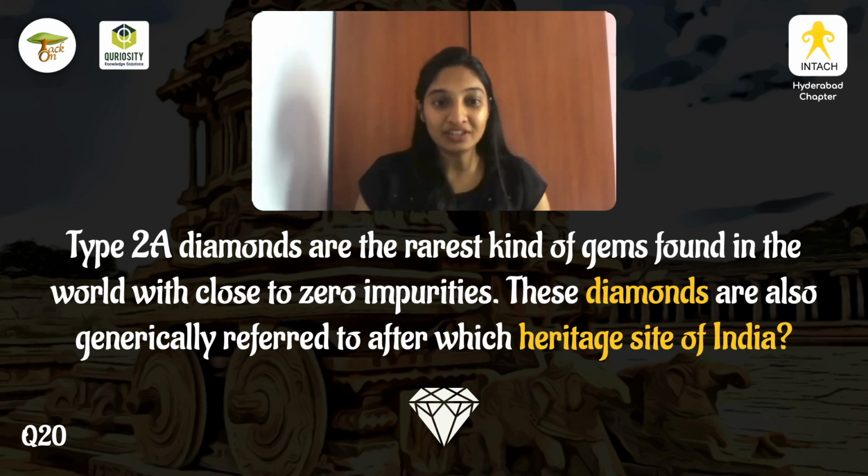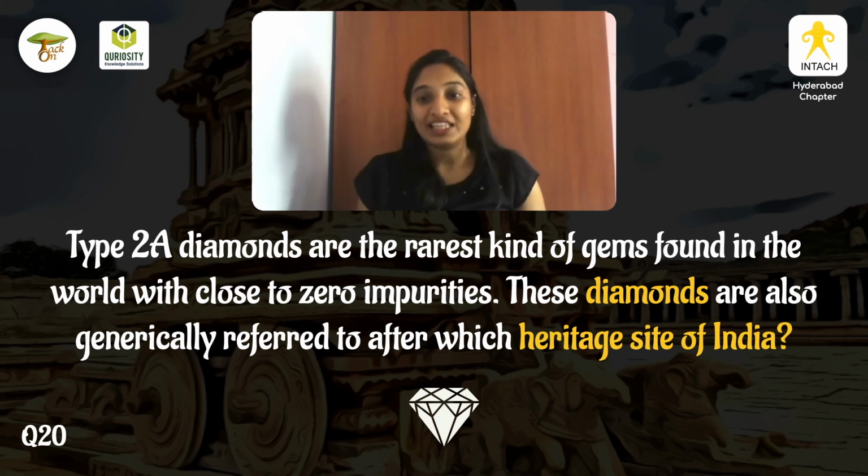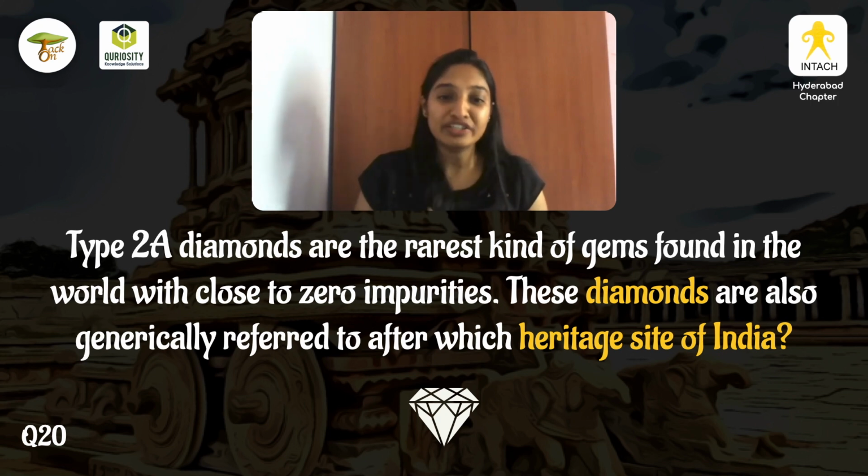So that was a type 2A diamond. These diamonds are also generically referred to after which heritage site in India? I think we have enough hints in the question. So we are talking about diamonds and a purity measure which is named after a heritage site in India. So just give me the name of this heritage site. That's your final question for the day.